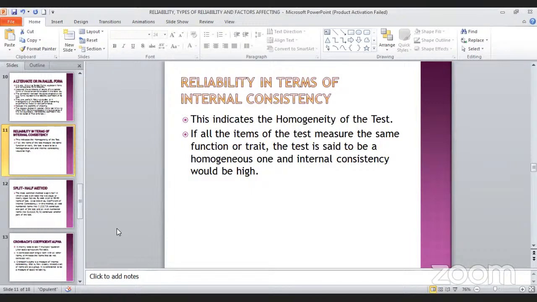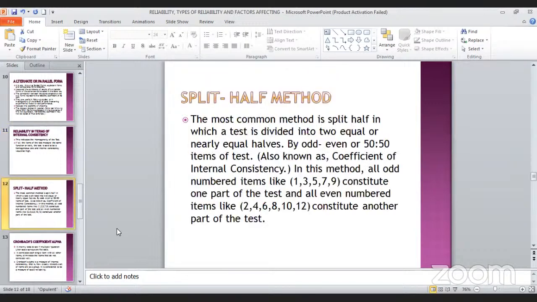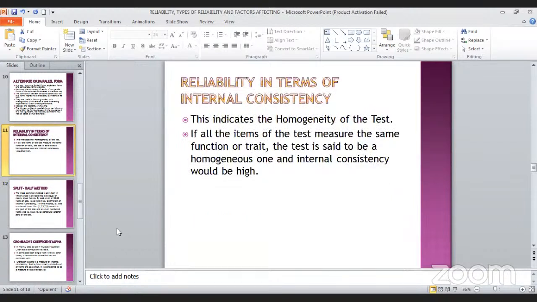For example, take the State-Trait Anxiety Inventory, Spielberger's. You will find the state anxiety inventory has 20 items, and the trait anxiety inventory also has 20 items.